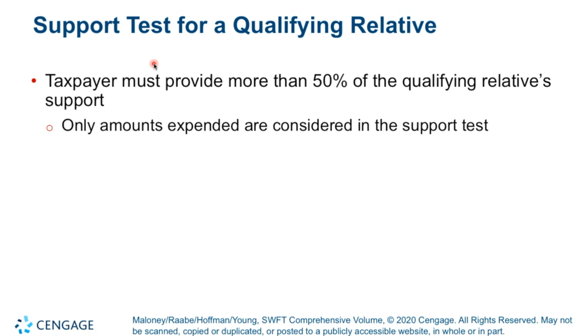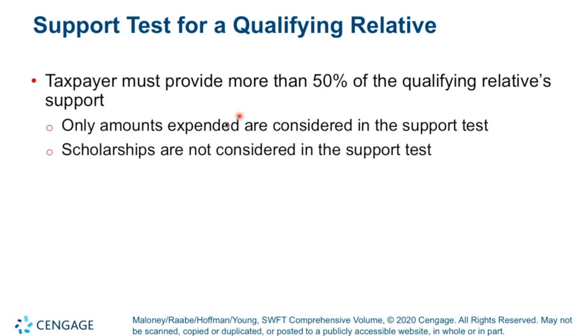So basically you take all the support that was spent on the qualifying relative, and the taxpayer who wants to take the person as a dependent must have actually paid more than 50%. Scholarships do not count because they're typically going towards college expenses.